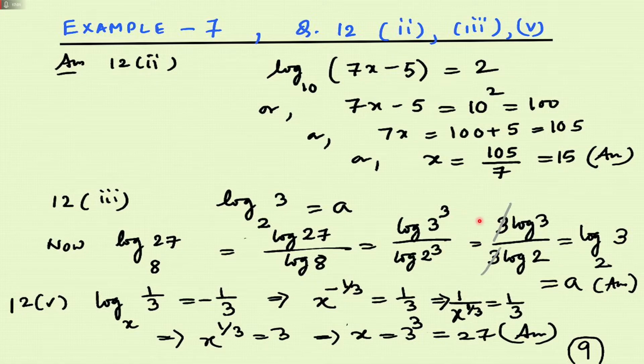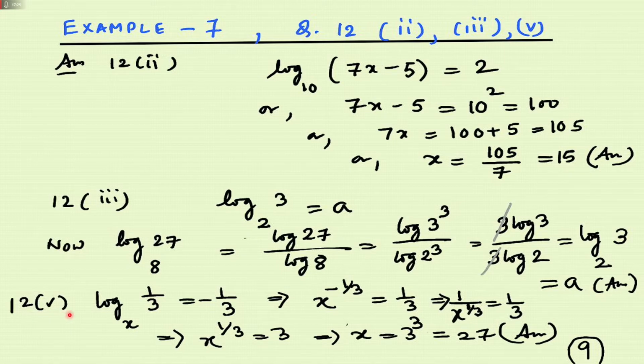But these 3 will come forward, and it will give you 3 log 3, and this will give you also 3 log 2. Now these 3 and 3 cancel each other, and you will have log 3 base 2, and here log 3 base 2 is given as a. So the value of this relation is nothing but a, and this is option number D.